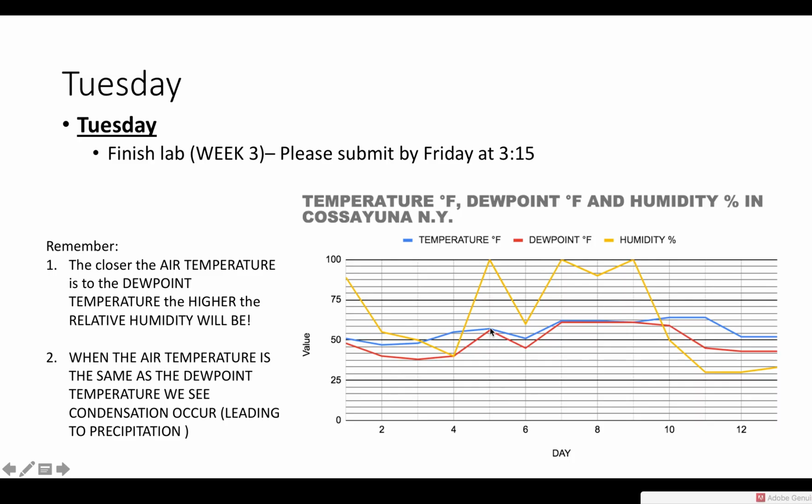We see here on day 5, very close, high humidity. Day 7 through 9, really, really close, very high humidity. Day 11, those are far apart, very low humidity down here. So that's the trend we're looking for.